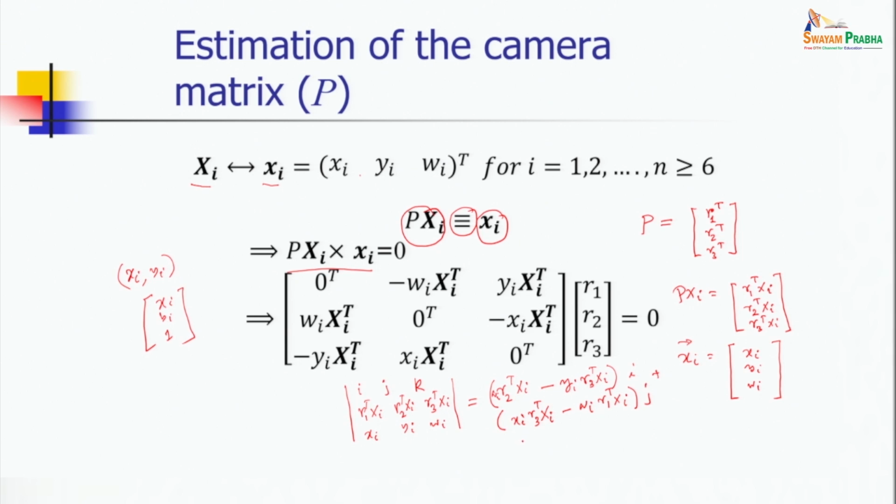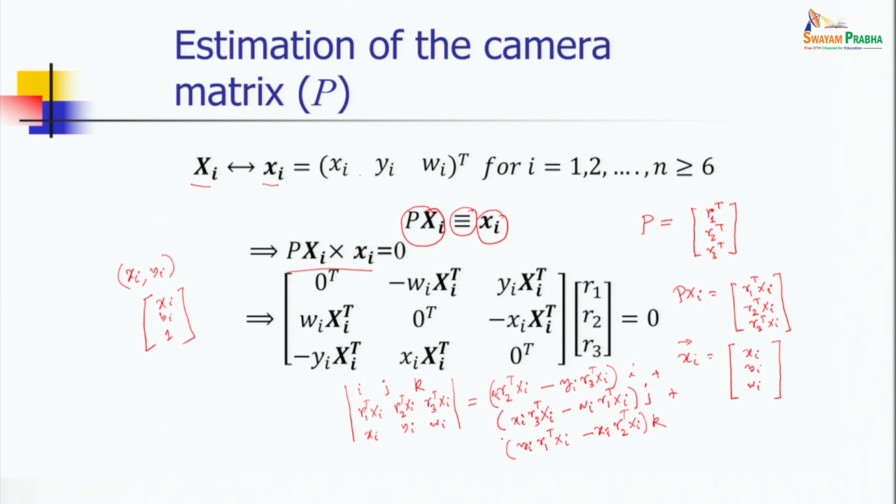And then we have the third component, which is yi R1 transpose xi minus xi R2 transpose xi, along k.